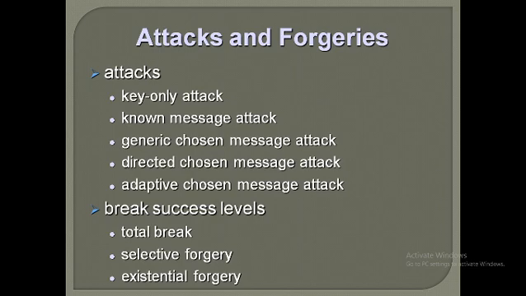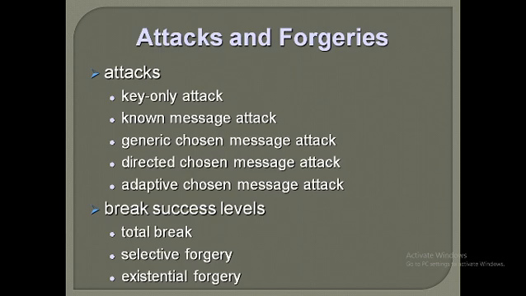Like that we have different kinds of cases. The first case is the key only attack, where the public key alone is known, and with that we need to attack. In the second case some portions of the message are also known, and with that it could be attacked. That is the known message attack.